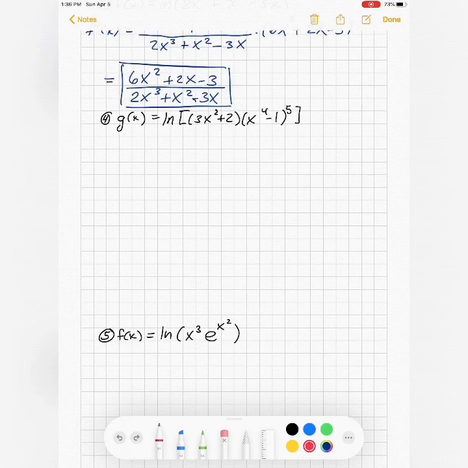You see how here I have the log of a product, multiplication here. Remember that rule? If I have the log of a product, I can break that up as the sum of two logs, the sum of the log of each factor. So what if I use that log property first?